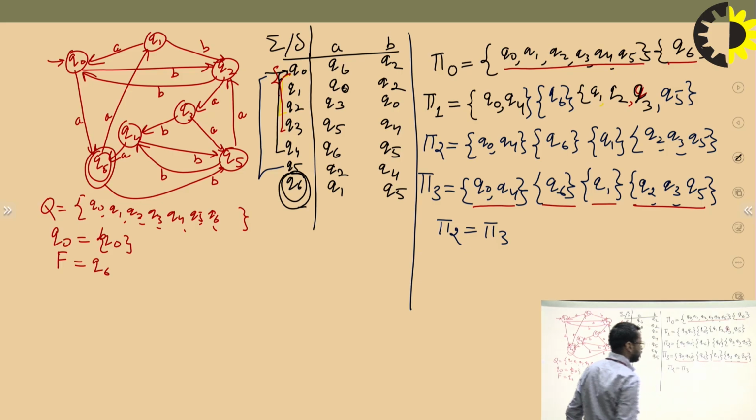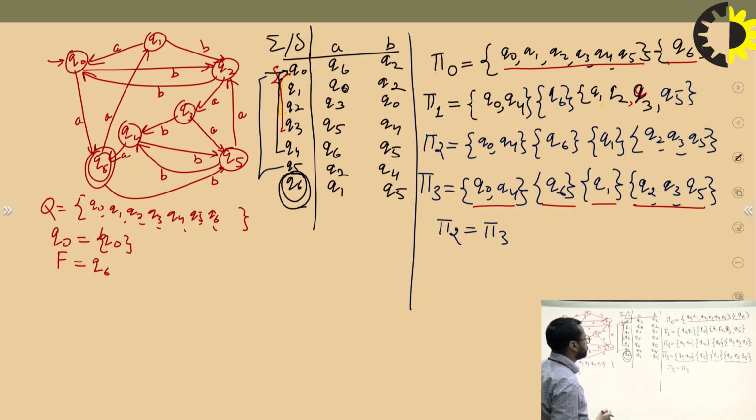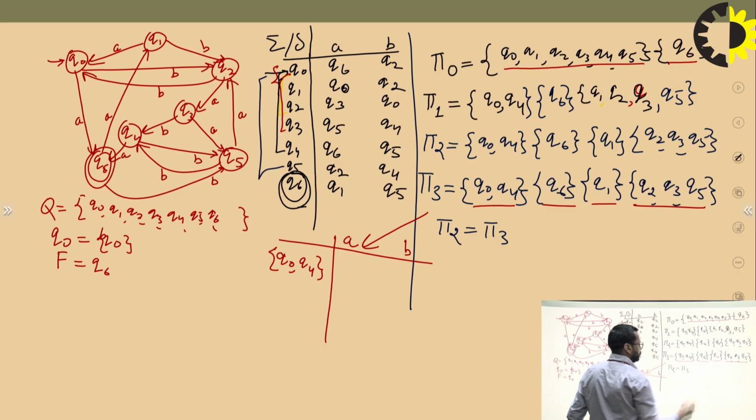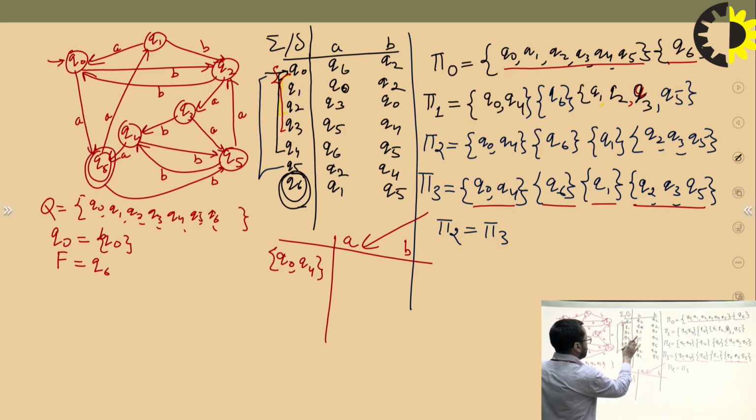So our next step will be to find the updated transition table from these states, and we write it down here. The first state is Q0 Q4, for the input symbols A and B. We calculate this updated transition table using these states, following the transition table, this one.